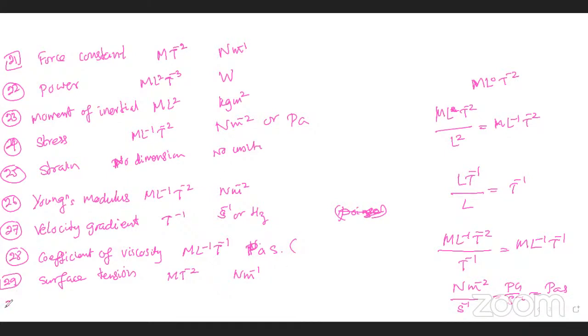The 30th one, angular displacement. Angular displacement is arc length divided by the radius. So no dimension.